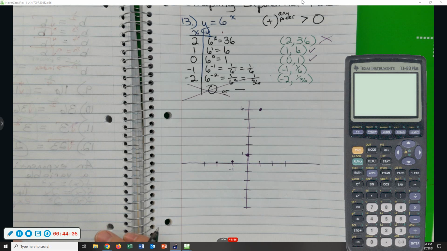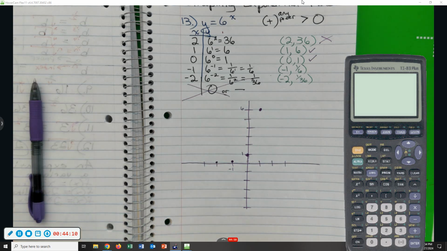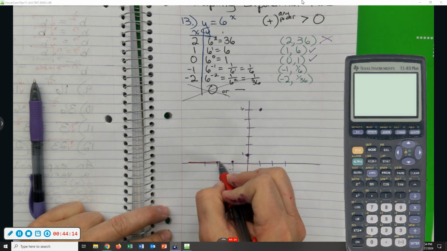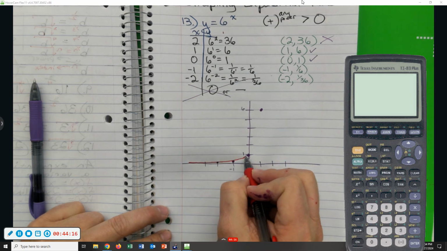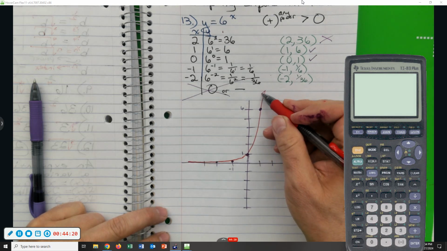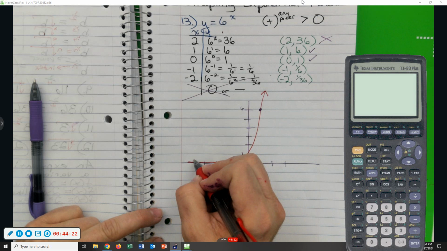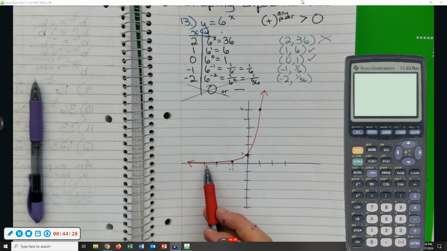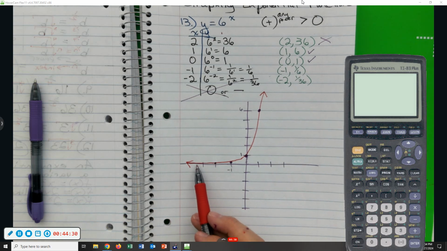To the naked eye, it would look like it's sitting on the x-axis, but there's always a little distance between the curve and the x-axis. To the naked eye, it looks like that curve is sitting on top of the x-axis, but there's always a tiny little bit of space.